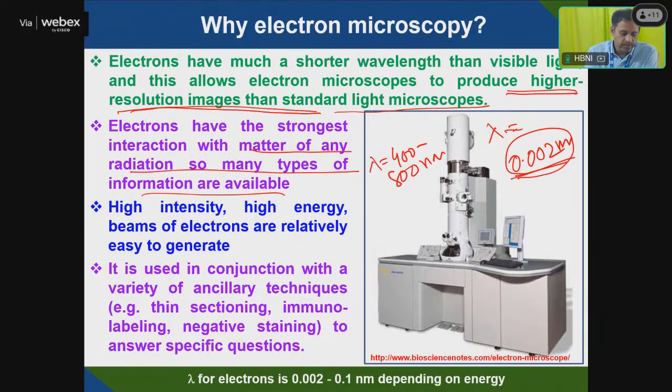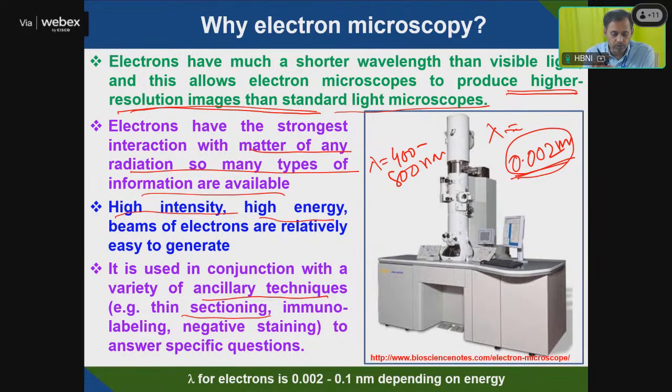And third, it has high intensity and high energy. Beams of electrons are accelerated and easy to generate. So production of an electron beam of high intensity and high energy is possible, and it is used in conjunction with a variety of ancillary techniques like thin sectioning, immunolabeling, and negative staining, to give some examples.